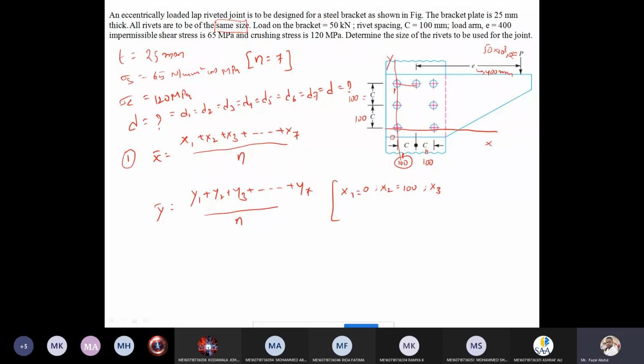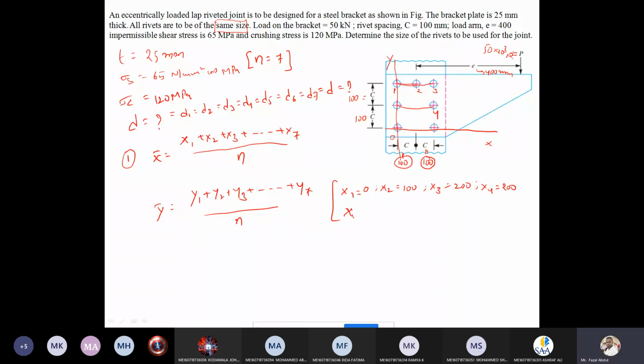Now x3, the third rivet. From the vertical axis to this rivet the distance is 100 plus 100, total 200. And x4, the fourth rivet, from the vertical axis the distance is total 200.